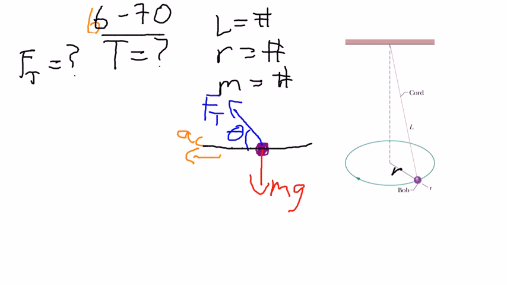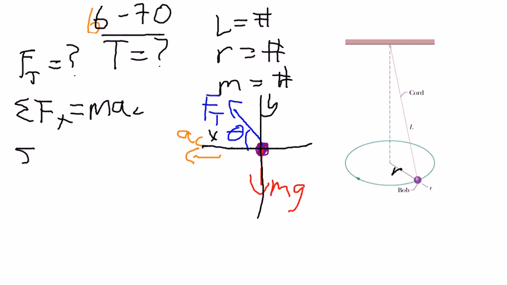So, cool, that looks easy enough. Go ahead and define my axes, vertical and horizontal. We'll call this Y, we'll call this direction X, and once you have things set up, you're going to want to look at your forces. The sum of the forces in the x direction equals m times that centripetal acceleration, and the sum of the forces in the y direction is going to be equal to 0, since it's moving in a flat horizontal plane.